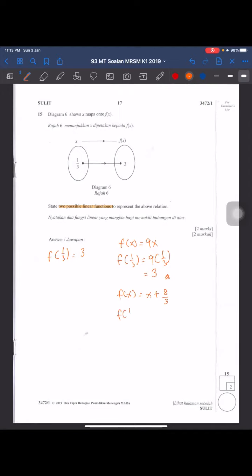So f of 1/3, 1/3 plus 8/3 equals to 9/3, dapat 3. So soalan ni awak boleh bagi macam-macam jawapan. Yang penting dia mematuhi relation yang diberi dalam soalan, dan pastikan itu adalah linear function.